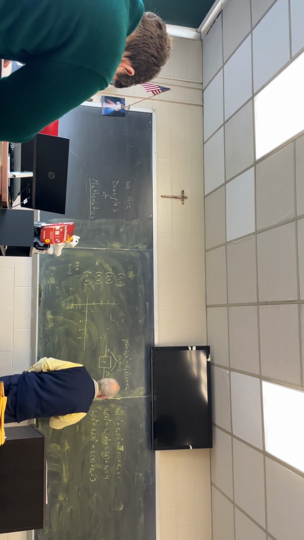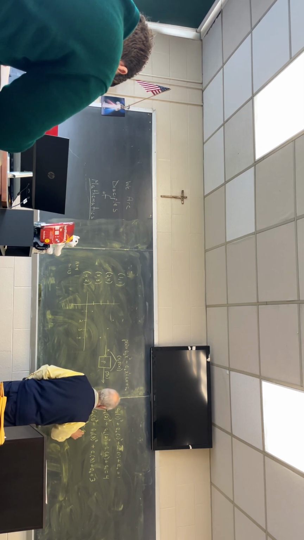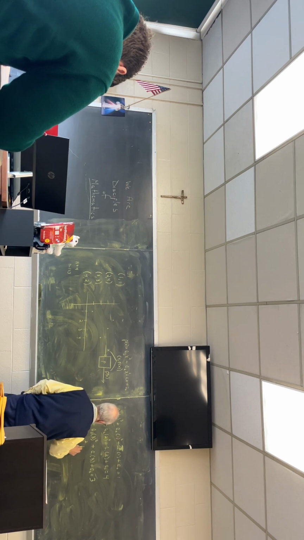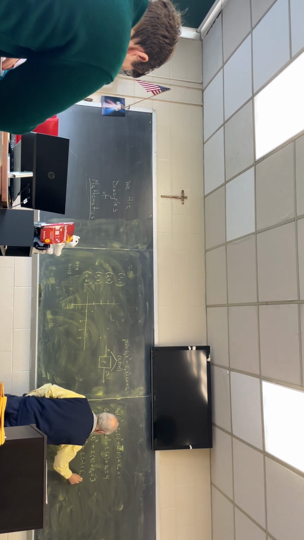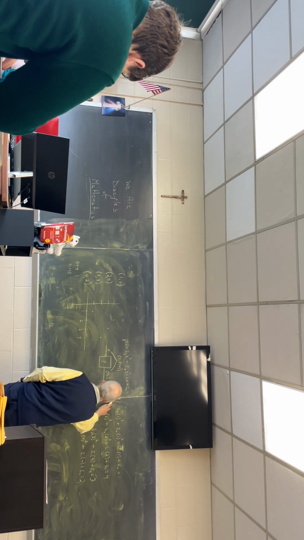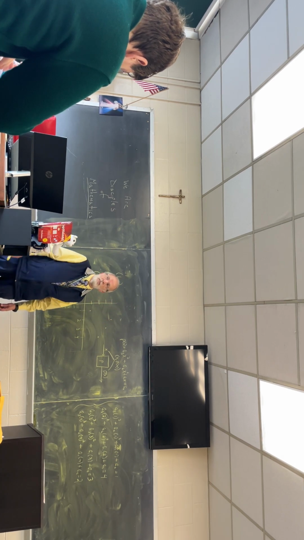And finally, a sub 3 times 4 cubed, plus a sub 2 times 4 squared, plus a sub 1 times 4, plus a sub 0 is equal to 2. So that's our system of linear equations.